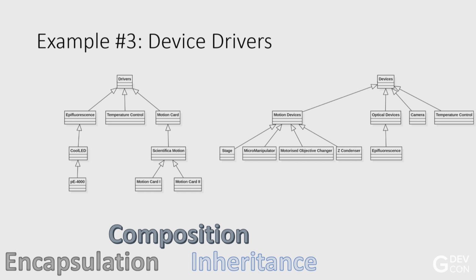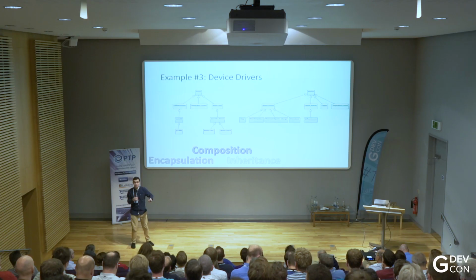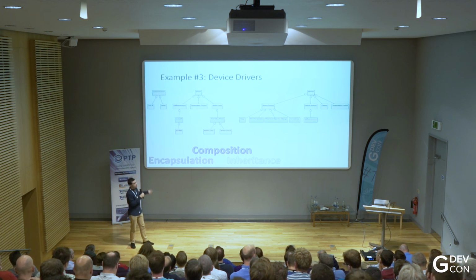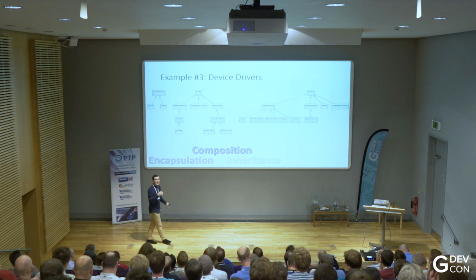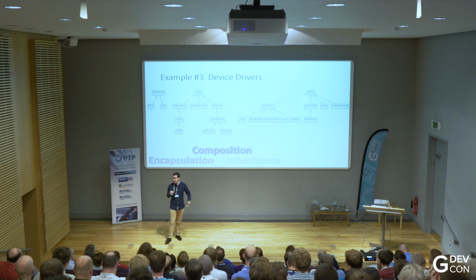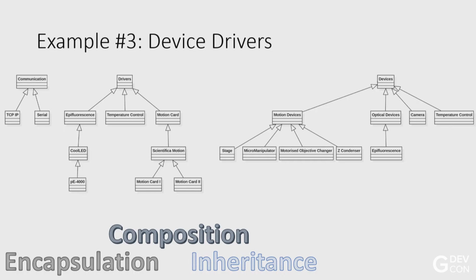So it could be a Scientifica-made motion card, it could be a motion card from National Instruments. But the point is that the developers should be able to use the same API for any type of motion card. Then lastly, these drivers need to interact with the outside world. So I created a communication class, and that can swap between, in this instance, just TCP/IP and serial.